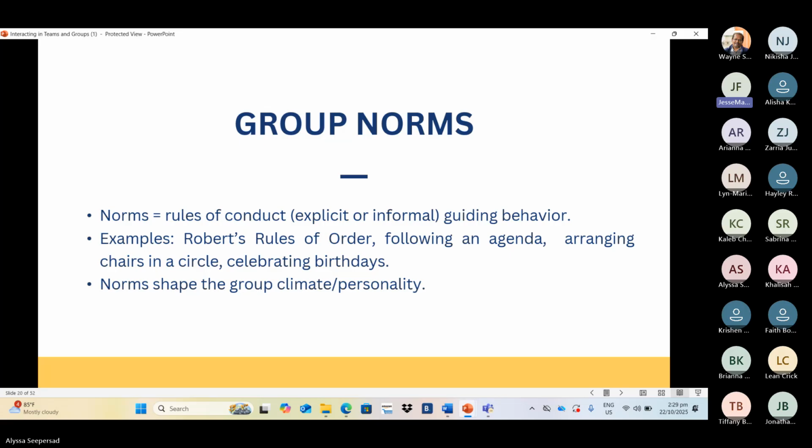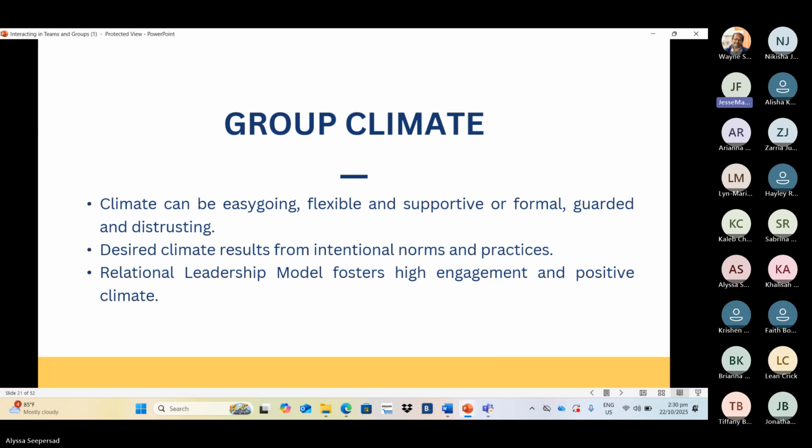So, group climate. A group you're in can be easygoing, flexible, and supportive, as well as the members may use humor often, while another group can be formal, guarded, and distrusting. If you want your group to have a distinct climate or personality, then the group should consider what norms and practices it should adopt.